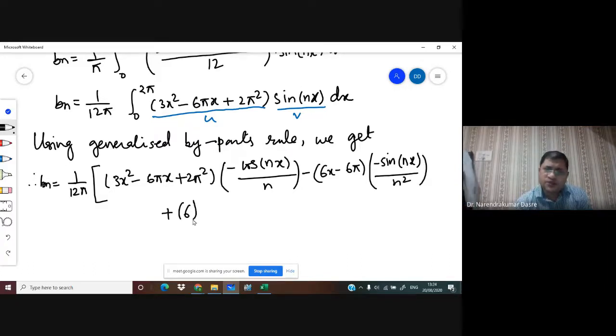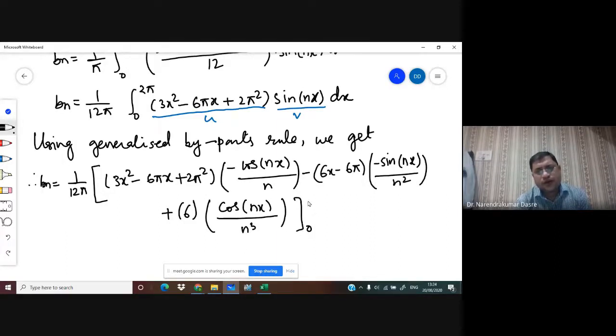Now plus the derivative of this term, 2, and the integration of this, so cos of nx upon n cube, and this is from 0 to 2π.